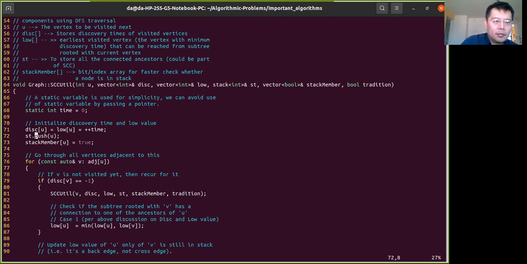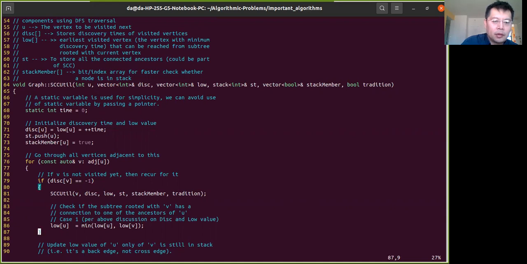And we use another vector, low, to record the minimum number that can be reached from a vertex so far.